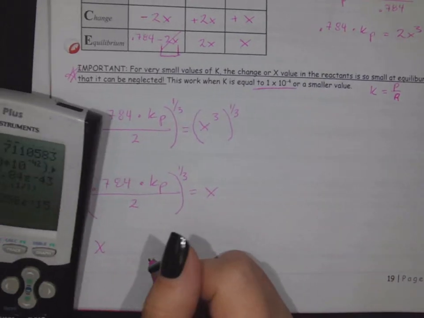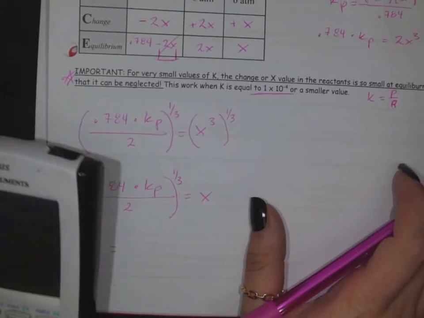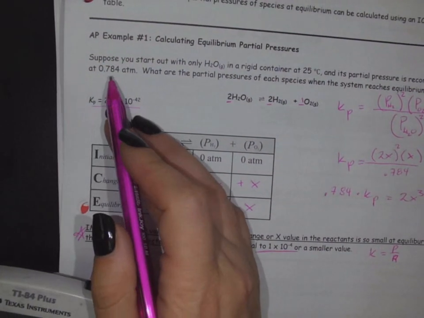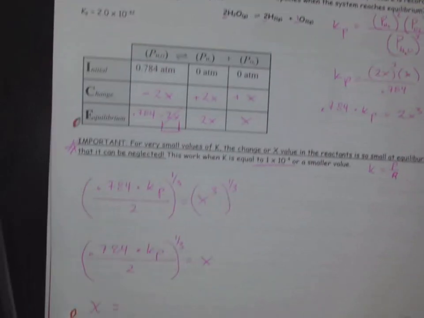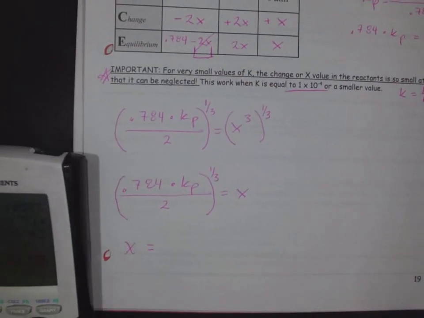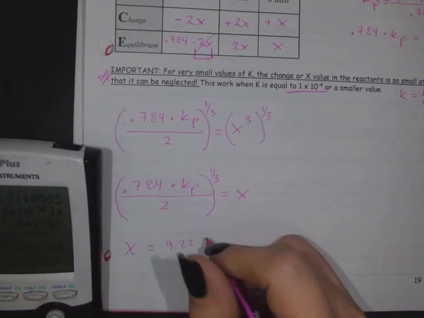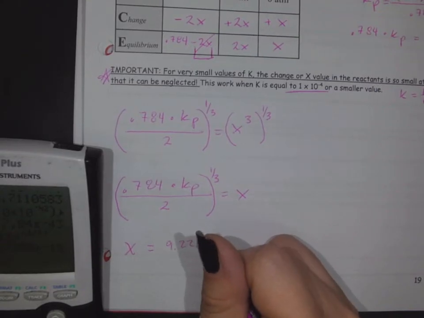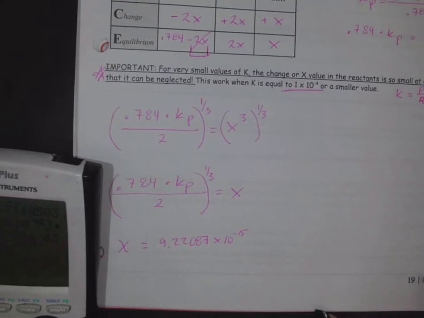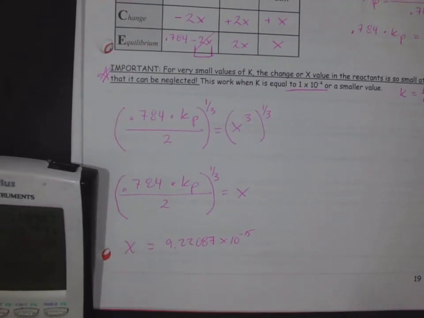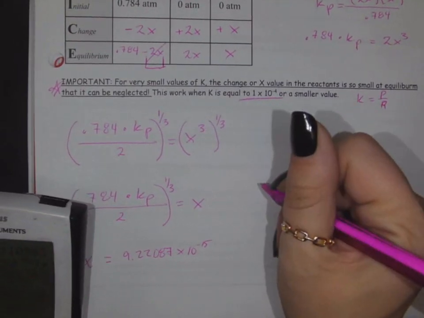Okay, so x equals, and looking back at my numbers, I used this 0.784, I used this KP, that was 2 sig figs, 3 sig figs. And so keep that in mind for that. I'm going to give a longer number, 9.22087, whatever, times by 10 to the negative 15. But I think I want to end with final values that are 2 significant figures from that KP.